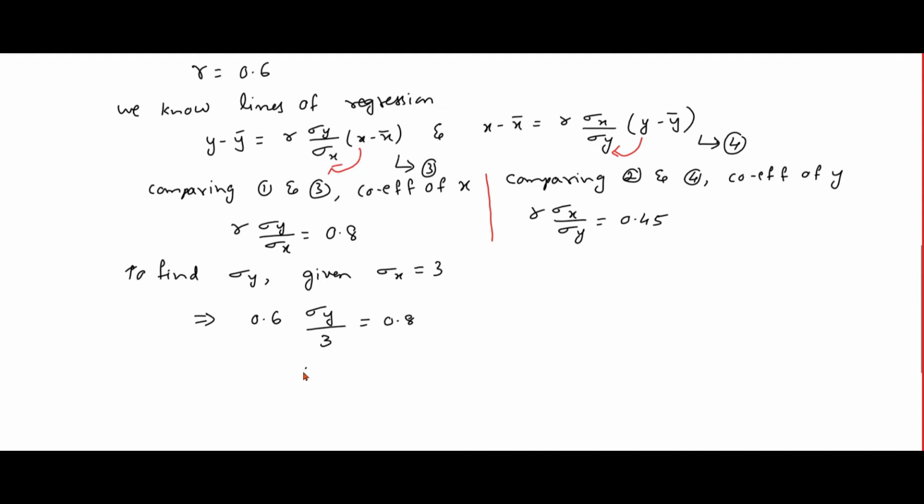Sigma y value will be equals to 0.8 times 3, cross multiply this 3, cross multiply this 0.6, it will be divided by 0.6. Therefore, we have got the sigma y value to be equals to 4. So that's the required solution.